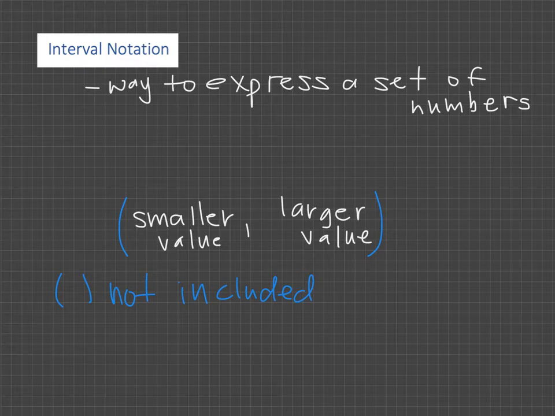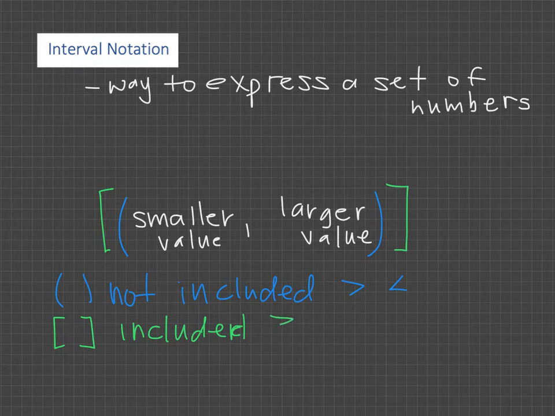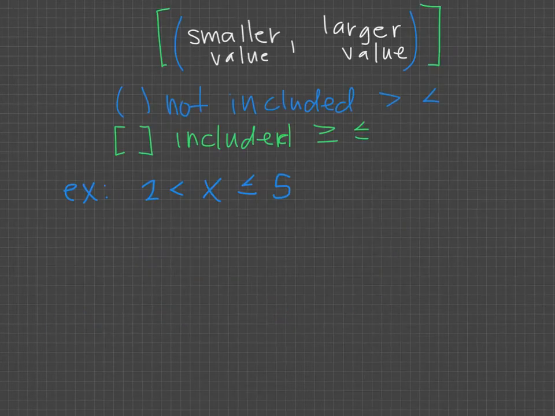So that's going to show up with just strictly greater than or less than. If it is included, we use what we call a bracket that looks like this. And so if that value is included, we use the bracket. That's going to show up if we have a greater than or equal to or a less than or equal to. So let's look at this example.